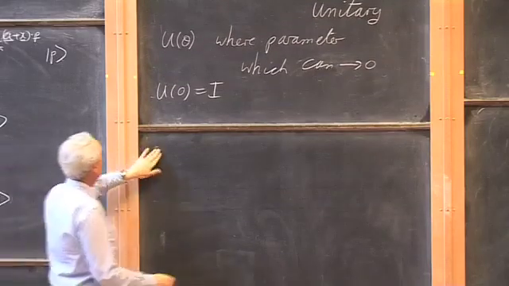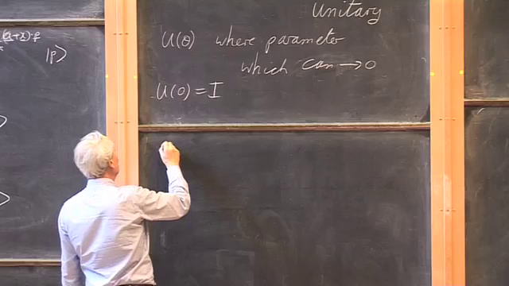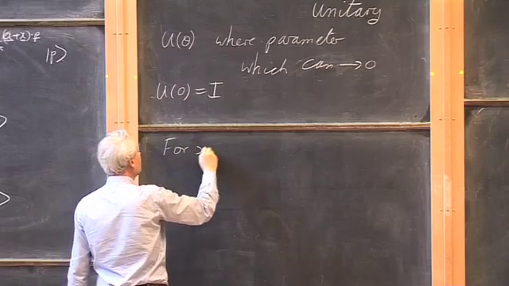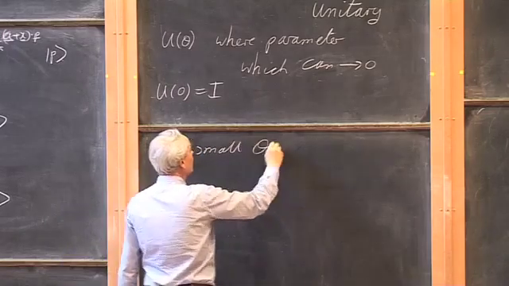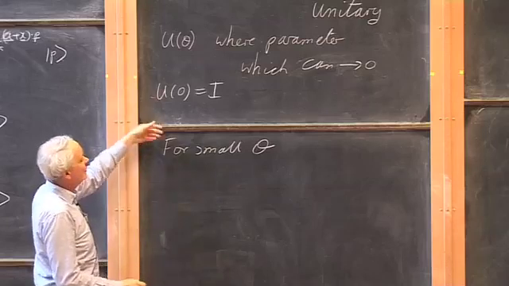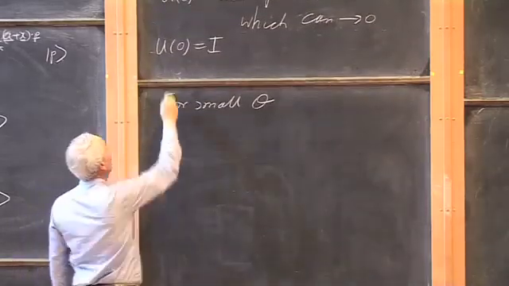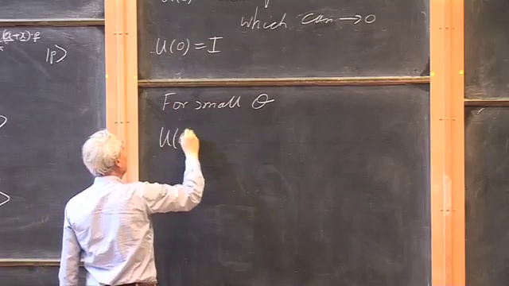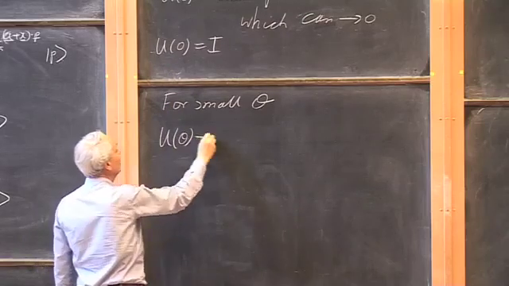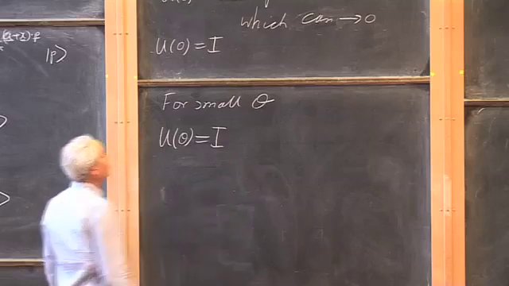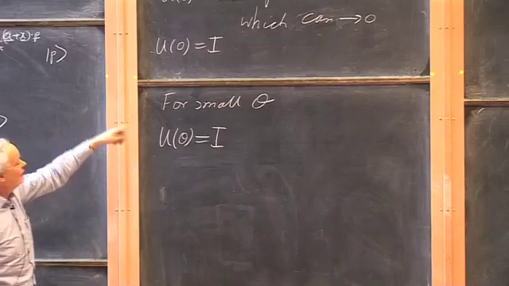And now we're going to argue that if θ is small, we should be able to Taylor expand. I said physicists assume you can Taylor expand everything, so we're jolly well going to Taylor expand this. So we're going to have that U(θ), which is now small, is U for θ equals 0, which we've said is 1, the identity.